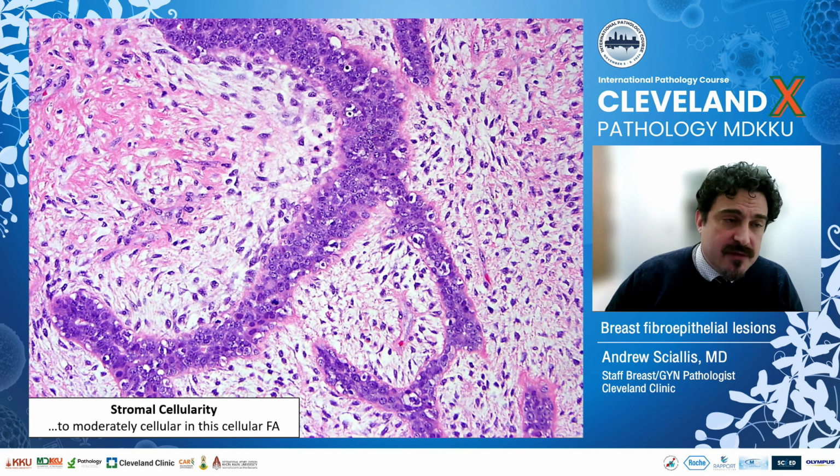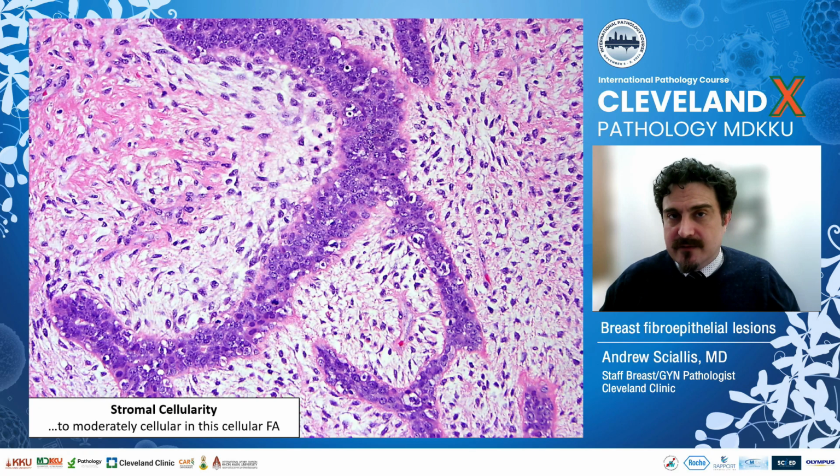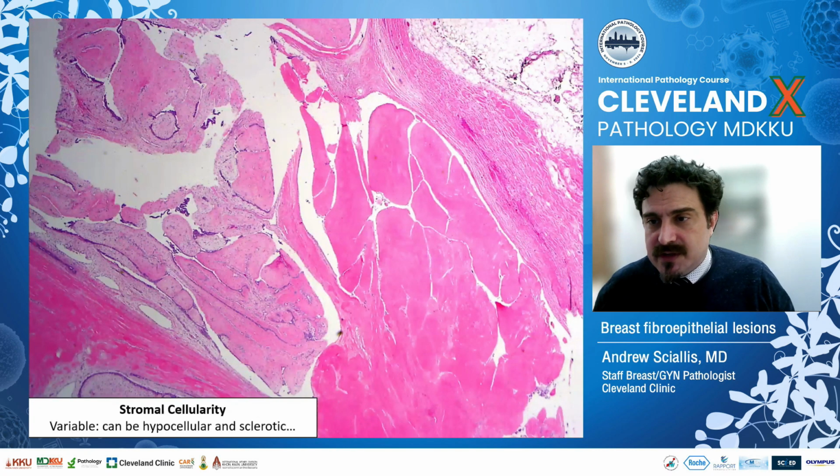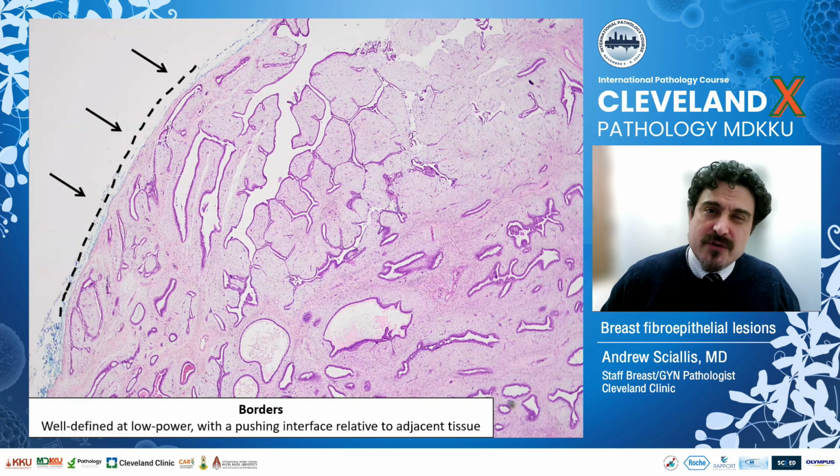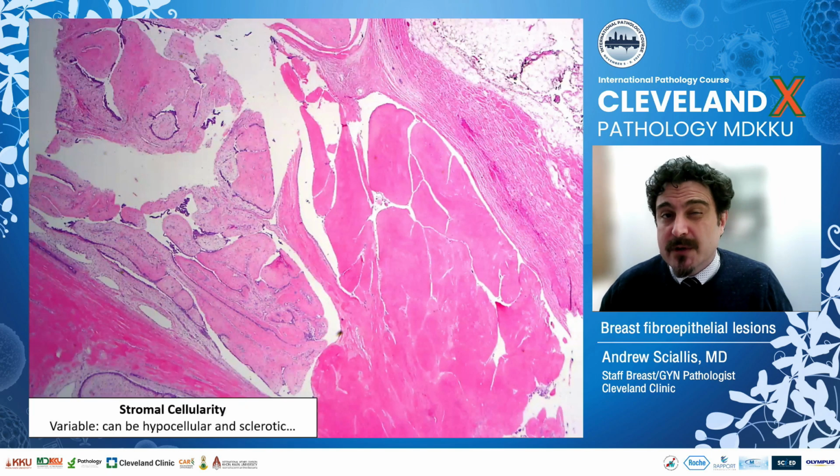Beyond this, when the stroma becomes hypercellular, it usually also goes along with spacing out of the glands, so that the epithelial components, instead of looking like this with a nice even distribution of everything, you'll find little pockets within the fibroepithelial lesion that are just comprised of stroma. Those are the cues when we start thinking about a phyllodes tumor.